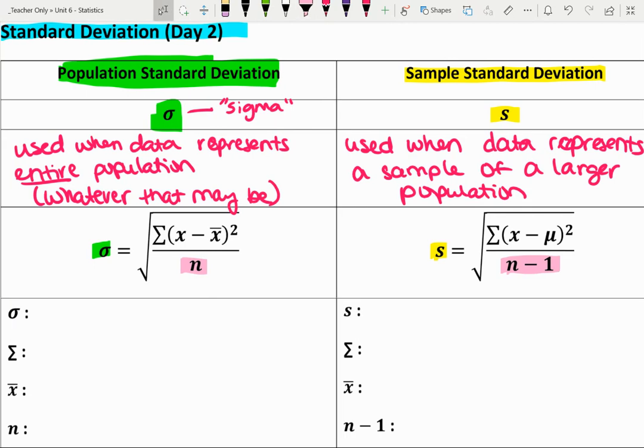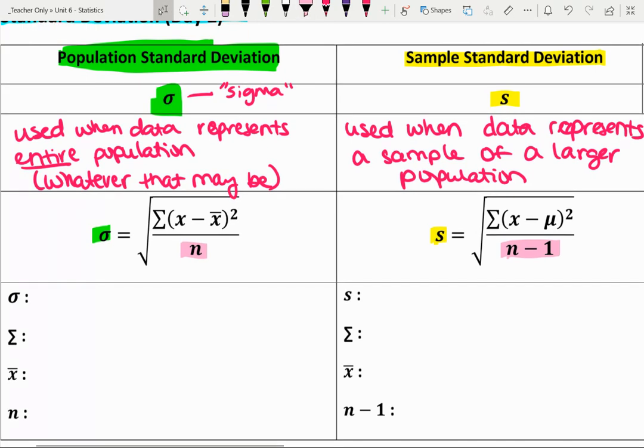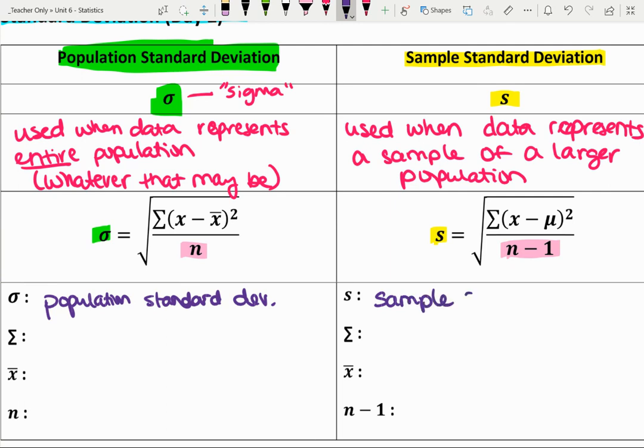In our sample standard deviation, we are dividing by n minus 1. So if we break that down, sigma represents the population standard deviation, whereas S represents the sample standard deviation.